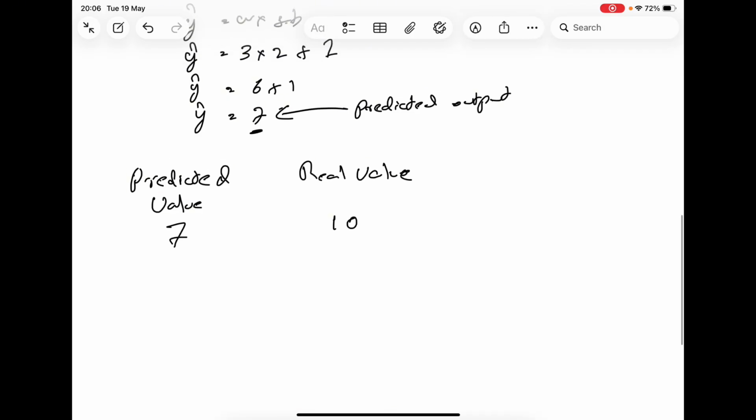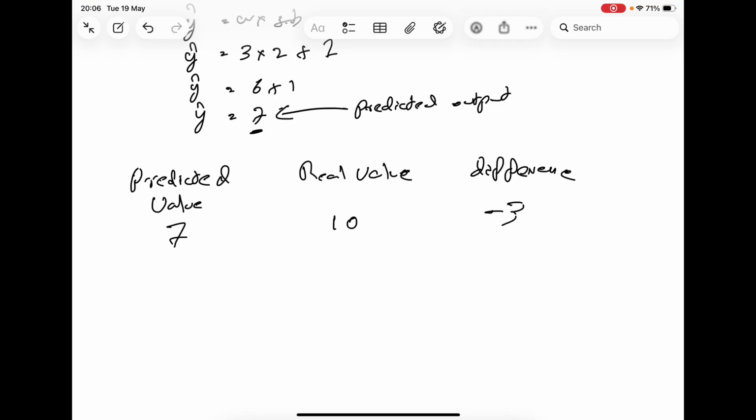The real value is 10, and the difference between them is 7 minus 10, which is minus 3.